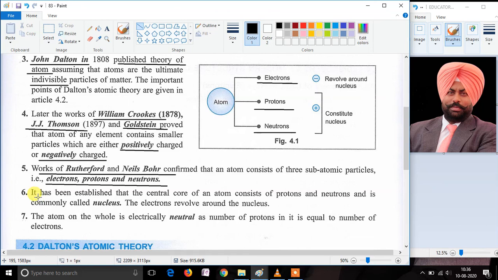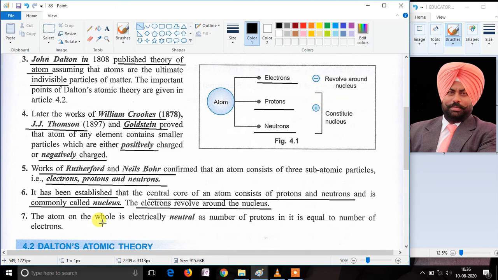It has been established that the central part of the atom, known as the nucleus, consists of protons and neutrons only, and collectively they are called nucleons. The electrons, which are negatively charged, continuously revolve around the nucleus.